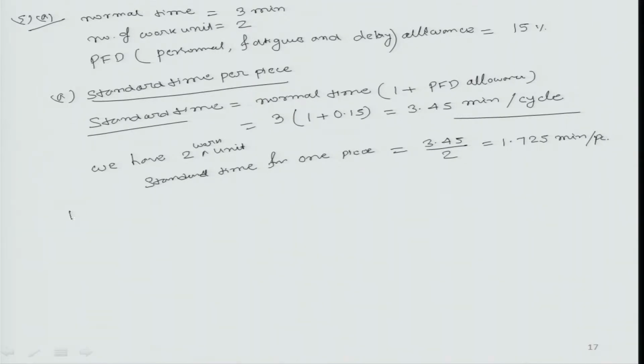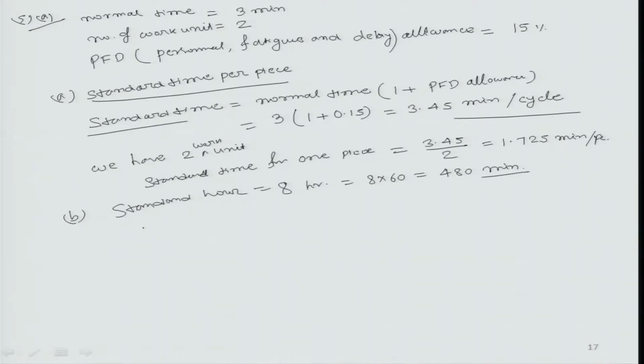In the next part, the question is asking how many work units are produced in an 8-hour shift at standard performance. Again the standard hour is 8. If you convert it into minutes, it will be 8 times 60, which is equal to 480 minutes. That is the ideal time allotted to each worker in a day to work in a workshop.